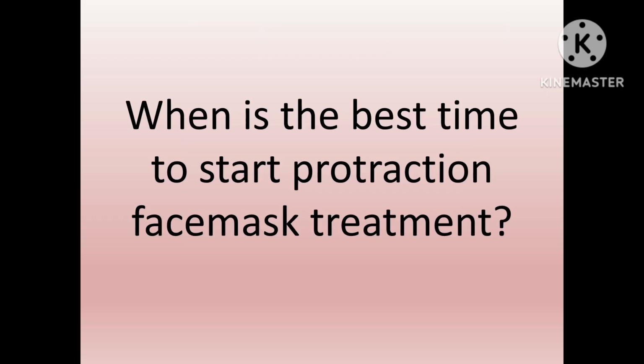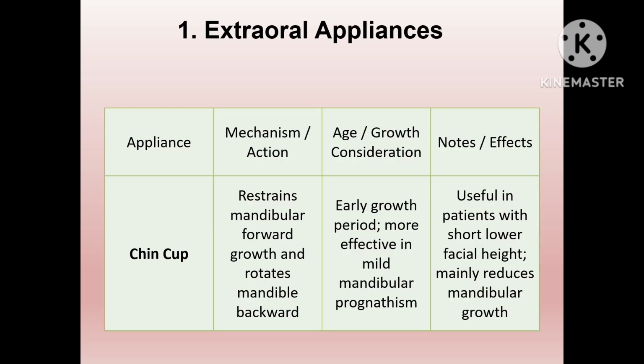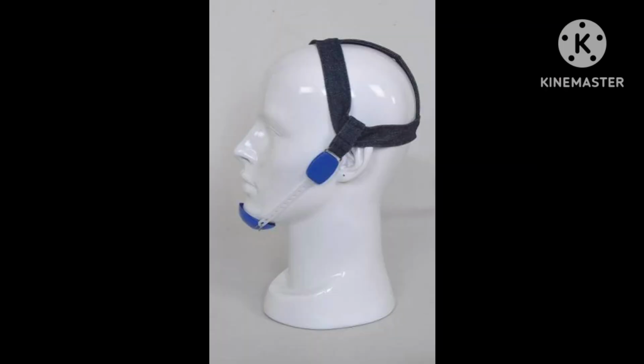The best time to start the protraction face mask treatment is between 8 to 10 years of age. At this age, the mid-palatal suture is broad and smooth, allowing effective forward displacement of the maxilla. Another extraoral appliance which may be used is chin cup therapy, which is effective in restraining mandibular growth in growing class 3 patients, particularly in horizontal growers with mild to moderate mandibular excess.